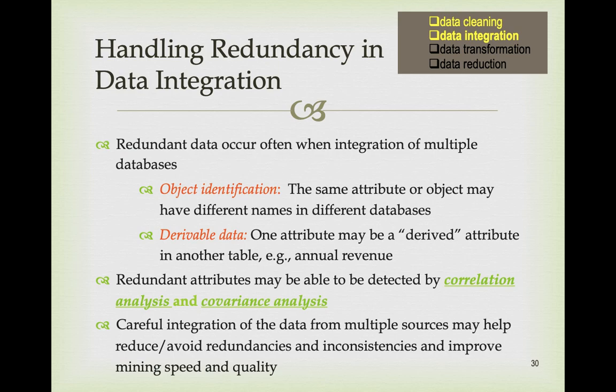We also have redundant attributes, which may be detected by correlation analysis and covariance analysis. Careful integration of data from multiple sources may help reduce or avoid redundancies and inconsistencies and improve mining speed and also quality.